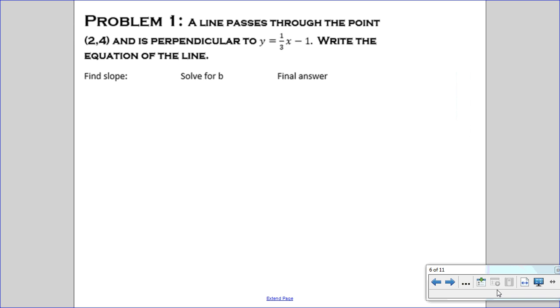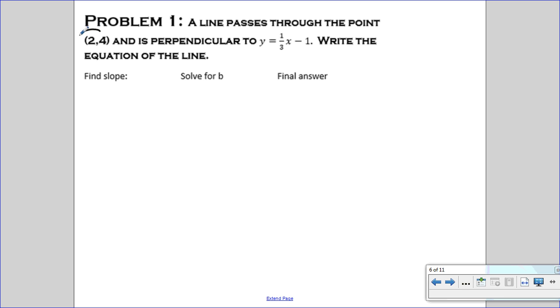So a line passes through the point 2, 4, and is perpendicular to y equals 1/3 x minus 1. We want to write the equation of the line. So again, it doesn't state whether it should be slope-intercept form or point-slope form, but we are writing the equation. And to do that, we need a slope and we need 1 point.